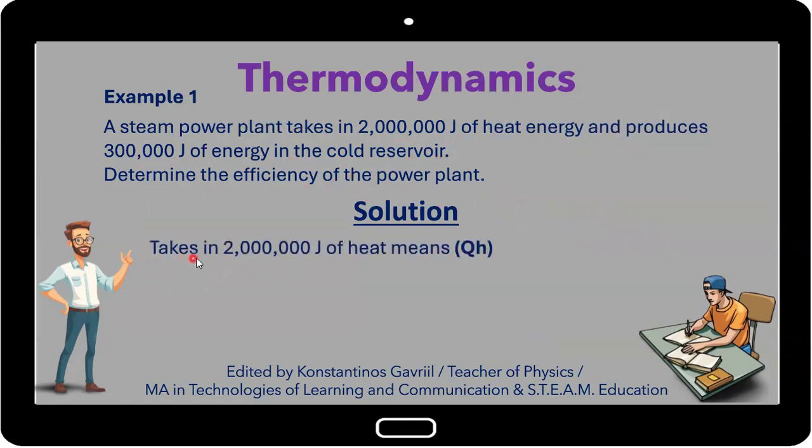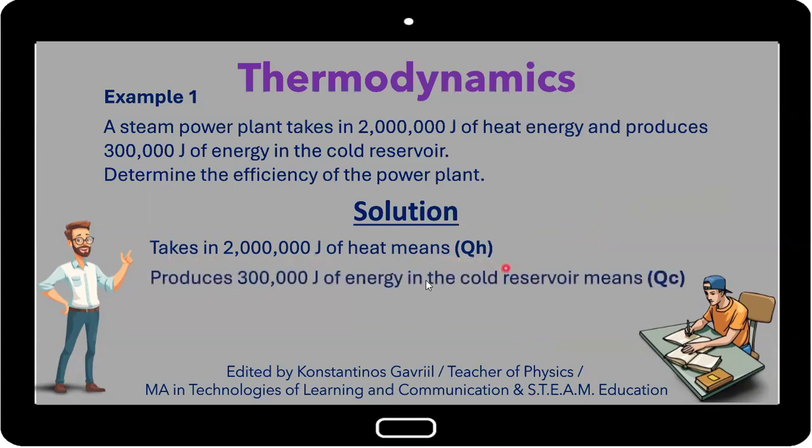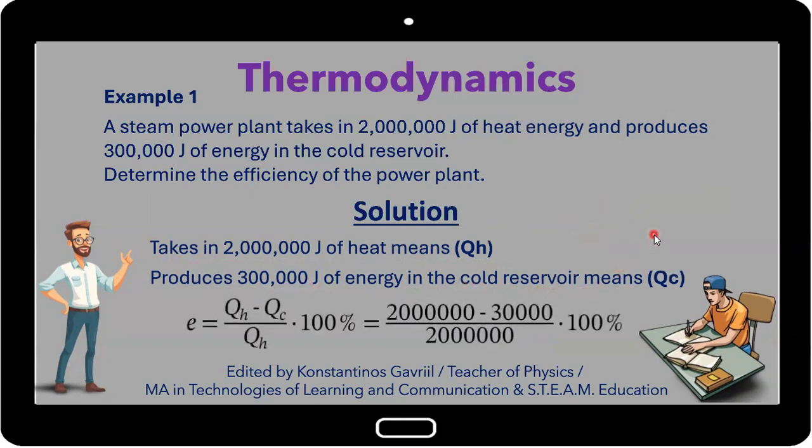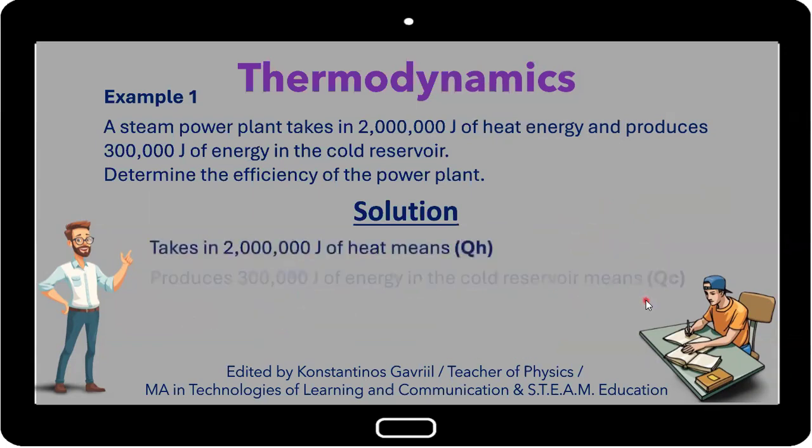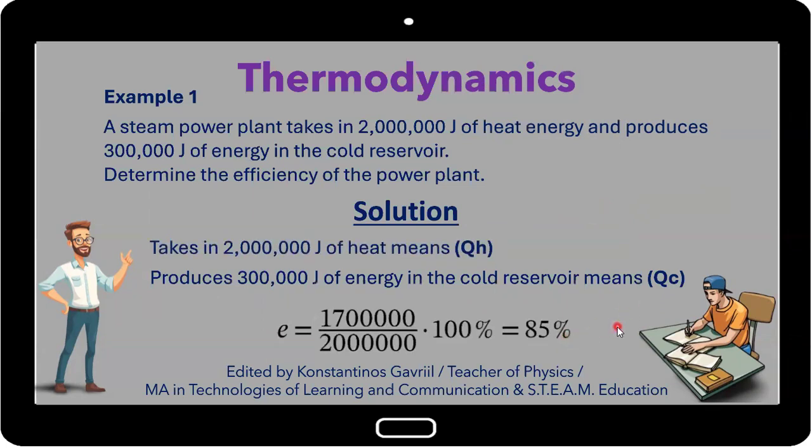So when we say that we take 2 million joules of heat, it means that we have a Q hot, and that we produce 300,000 joules to the cold reservoir means we have Q cold. As a result, we are going to use for the efficiency Q hot minus Q cold in the numerator above Q hot. We are going to substitute the numbers and we are going to get the result, 85%.